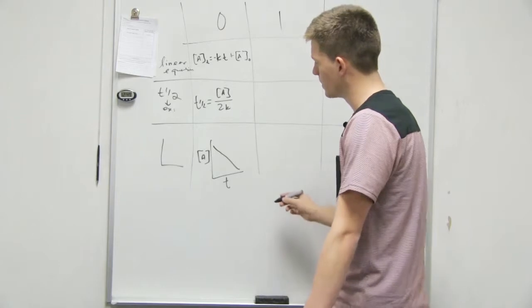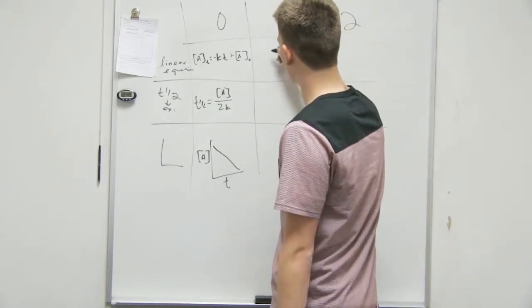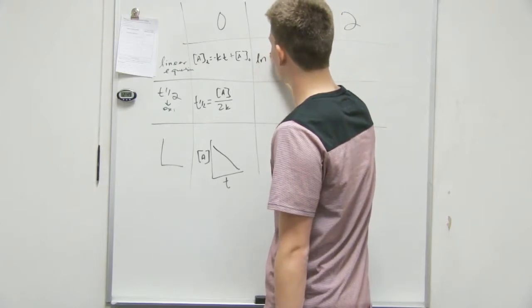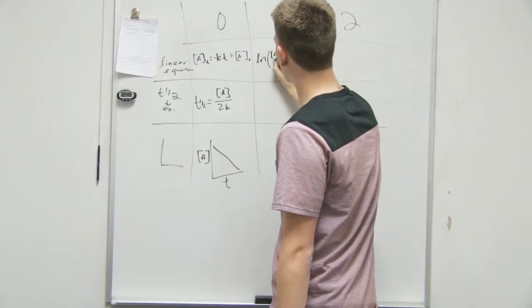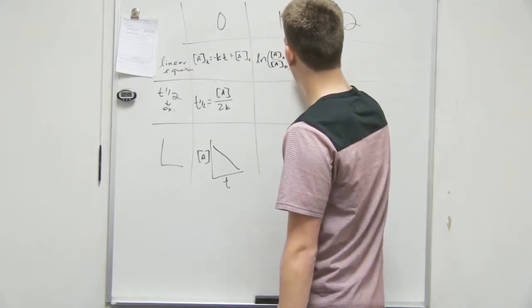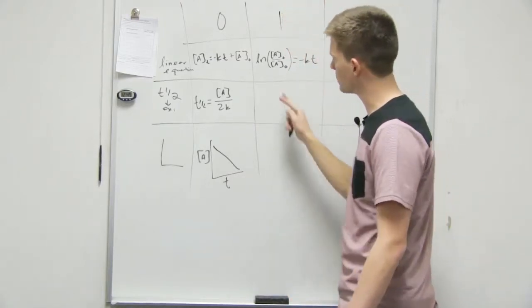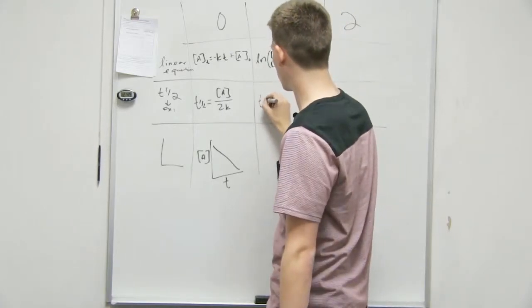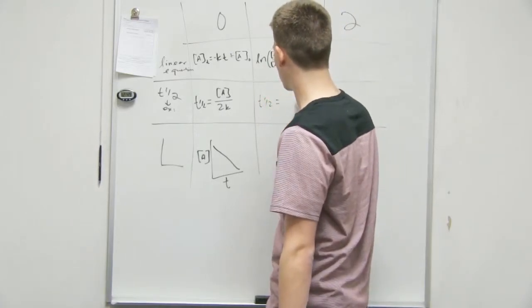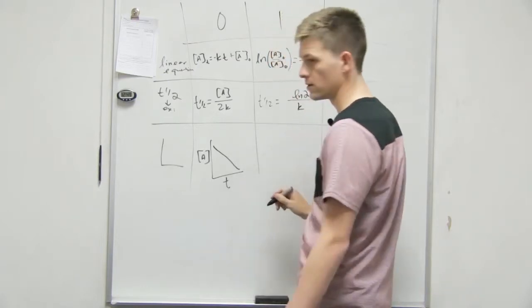Next, first order, we have what we just did: ln of A over A initial equals negative kt. Here we see we're dealing with ln's. So our half-life equals ln of 2 over k.